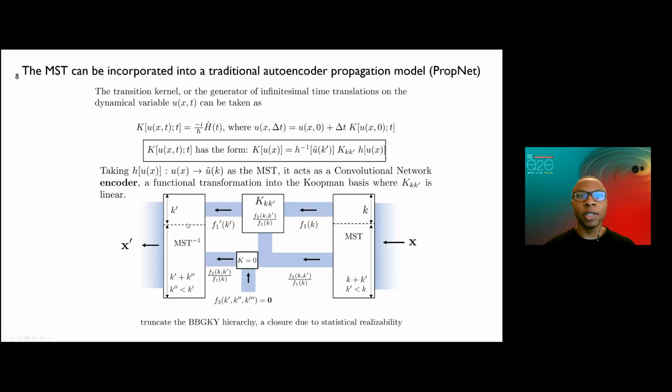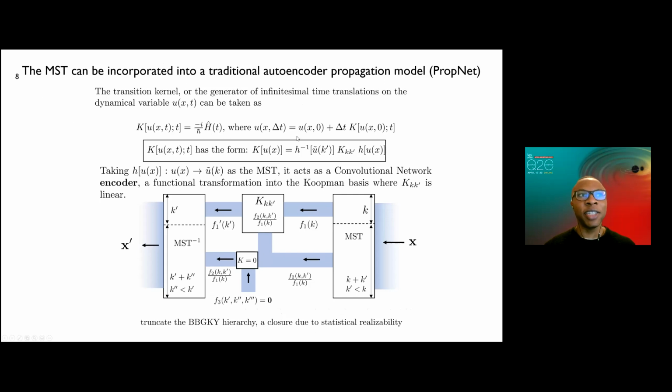So moving more towards the autoencoder model of MST. What we can do is define a transition kernel, which is the generator of the infinitesimal time derivative on the variable u. So we're defining this as a functional of x, and it can be used to advance the variable u.